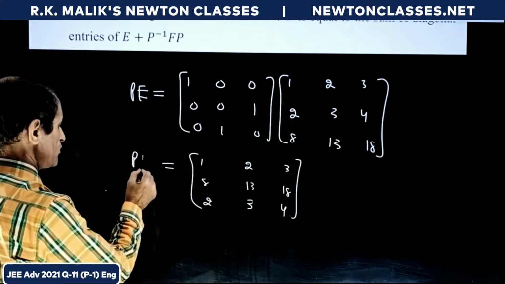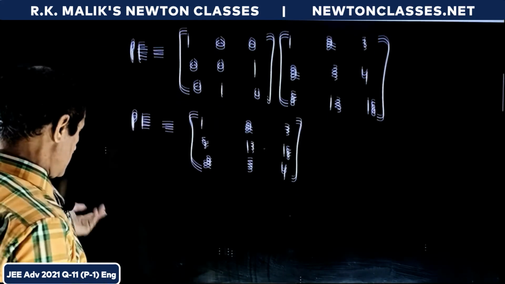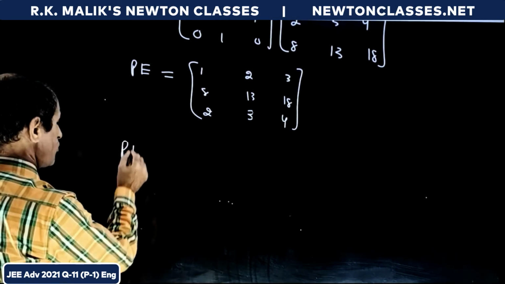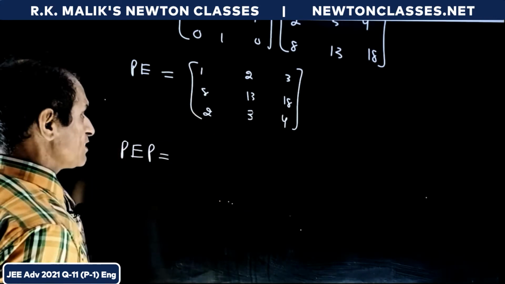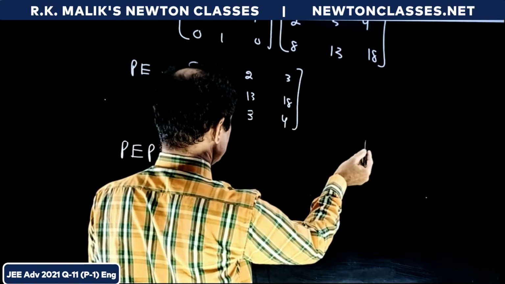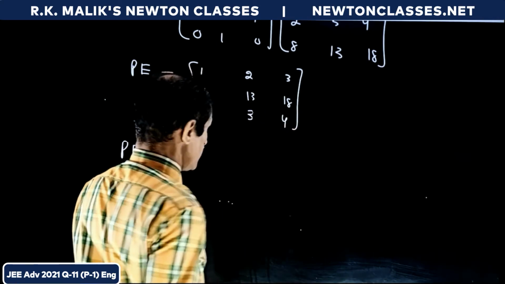This is the value of PE. And again, now PE, P means post multiplying matrix P with this matrix.